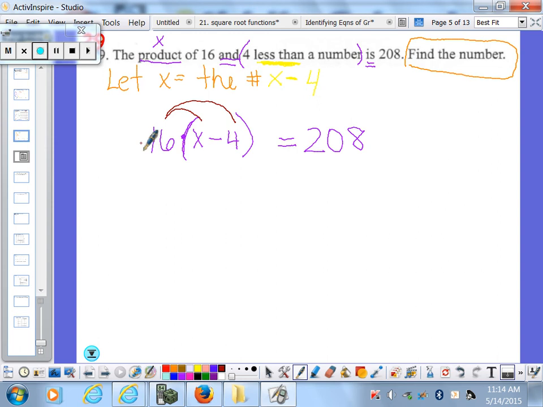So please distribute. Make sure you multiply this binomial, both terms, by 16. Keep it an equation after you do that, and then you're going to follow your properties of equality to solve for x. In the end, you should get x equals something, and then stop there. Go ahead.